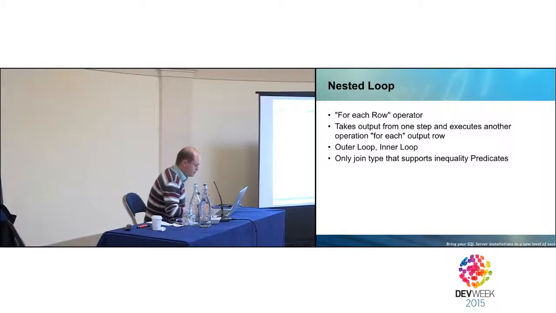I have here a simple join between 2 tables, table sales order header and sales order detail. As you can see, when we look at the execution plan, we have the nested loop operator as the physical join operator. In our case, the outer table is the table sales order header, and the inner table is the table sales order detail. We have here very, very good statistics.